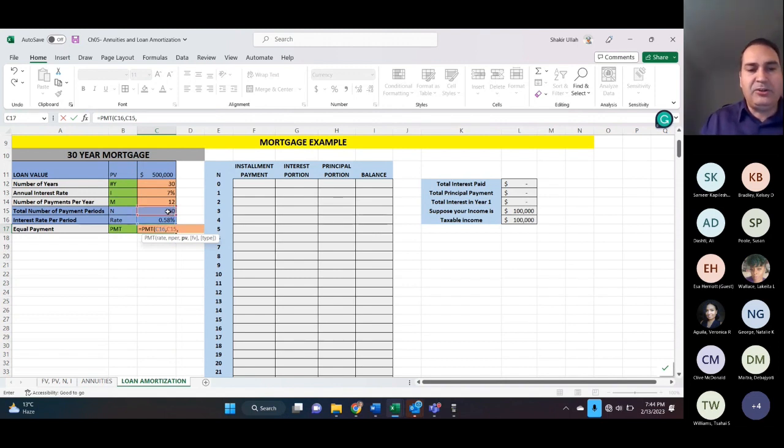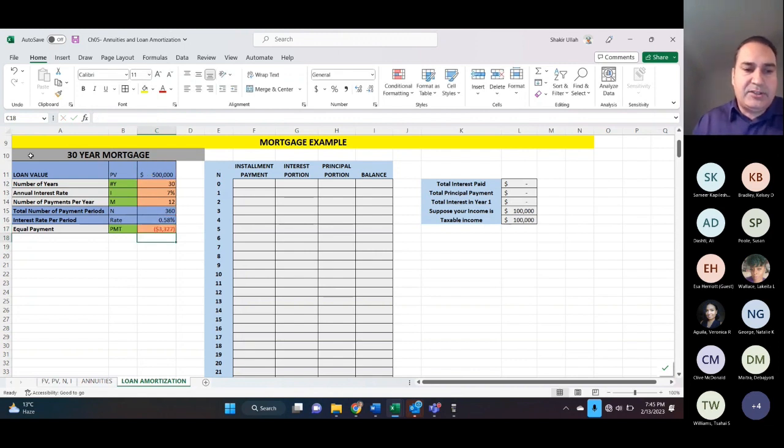Comma, present value, how much are you borrowing? That is 500,000. Comma, future value, what would be the future value? When you reach the end of your mortgage, everything will be paid off and that future value would be 0, okay? And the type is ordinary, payments are taking place at the end of the period, so that is type 0. Enter, and you got a $3,327 payment.